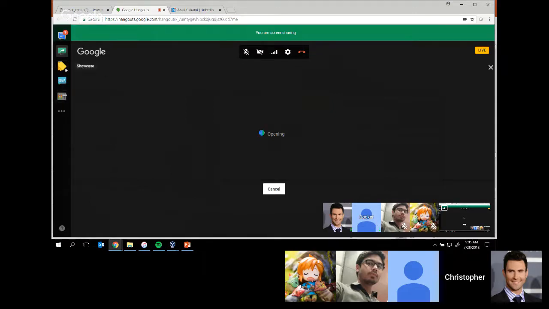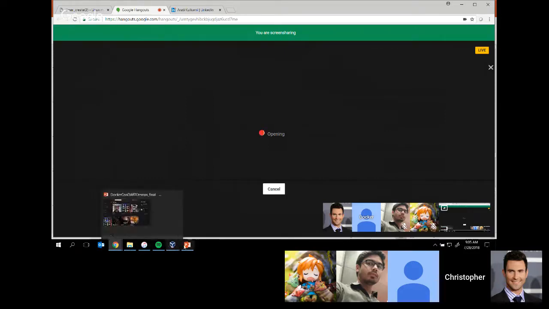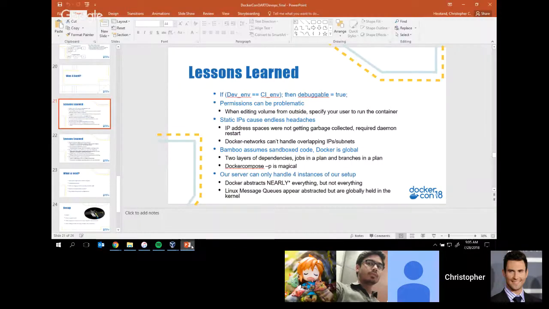Christopher, how do you maintain your security auditing in these Docker images? How do you handle security vulnerabilities? As far as security goes, we're not deploying these anywhere outside. They're only on either our laptops or our internal network.